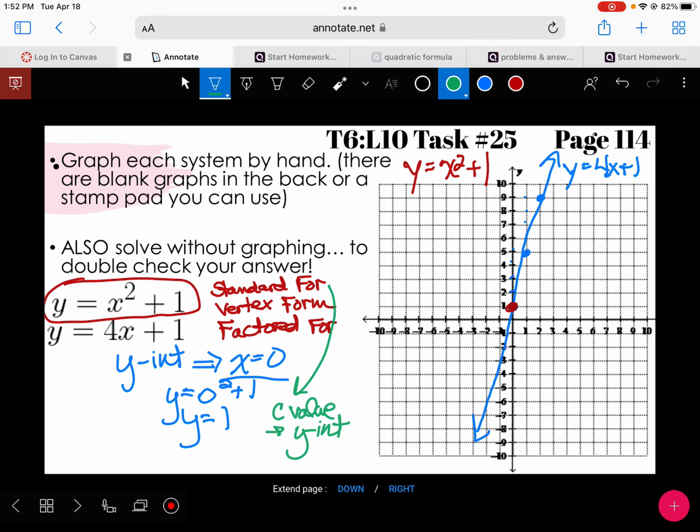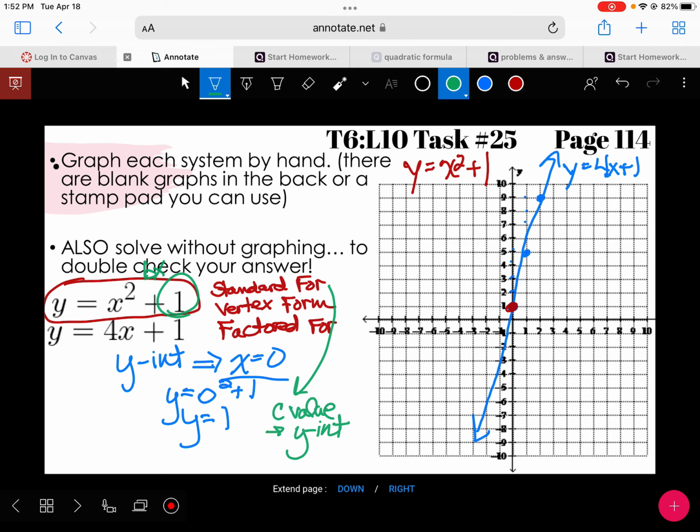That the C value is the y-intercept, because the first two terms are going to zero out. Now, there's no bx here, which means that b must have been 0 to begin with, okay?